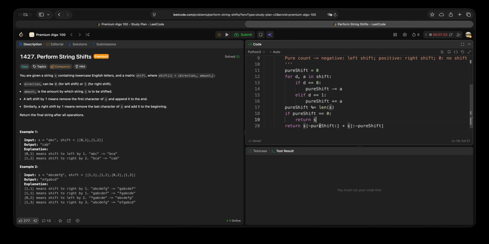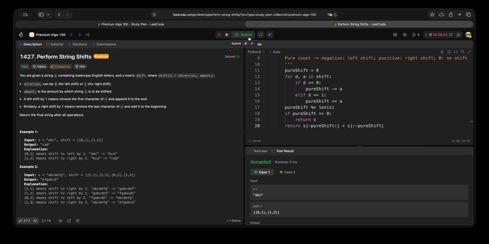The pure shift is now positive, so a negative sign before a positive value means we're really selecting the right side string. And here we're really starting from the original left side, and the negative sign with the positive pure shift becomes the original left side part. So it actually works.